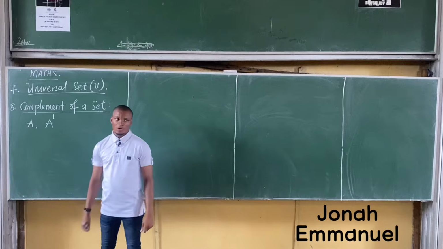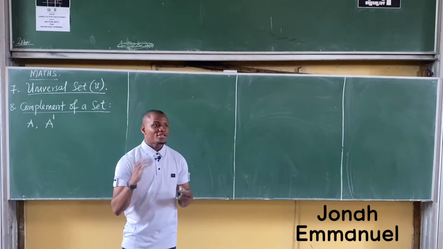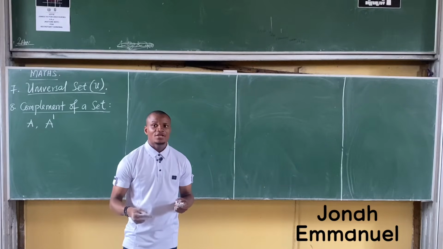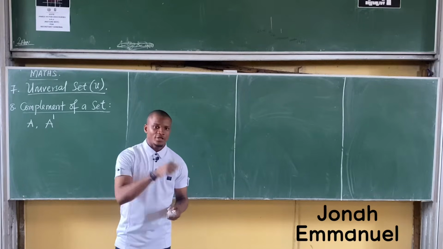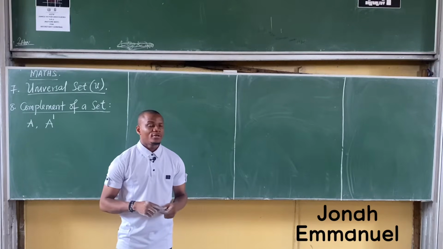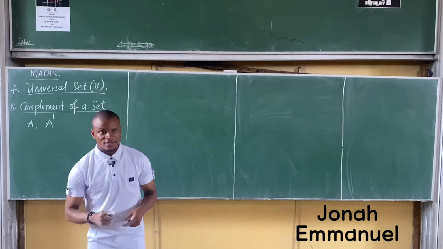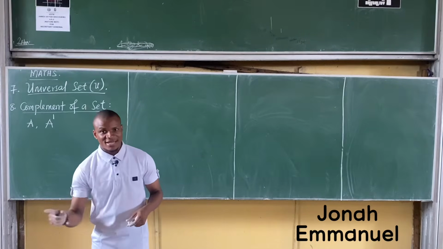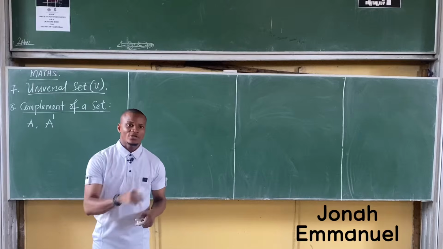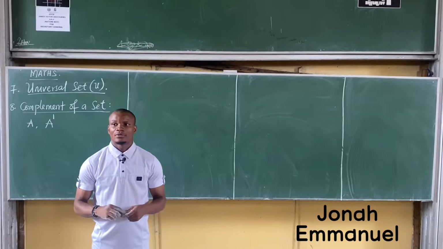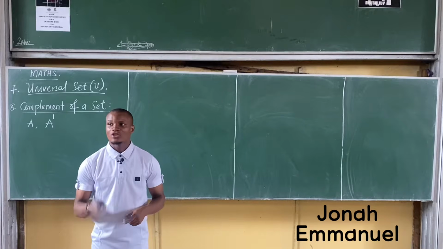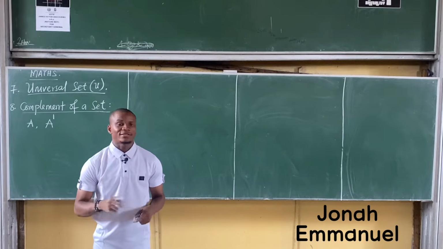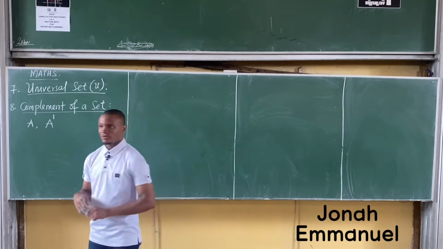That is A'. It gives the elements in the universal set that are not in A. That's it. Example.